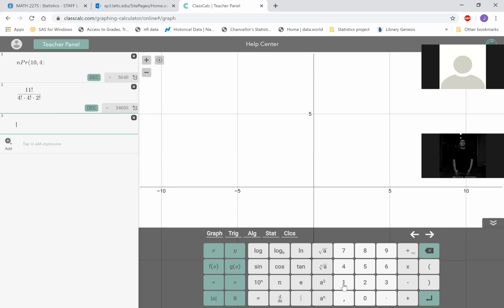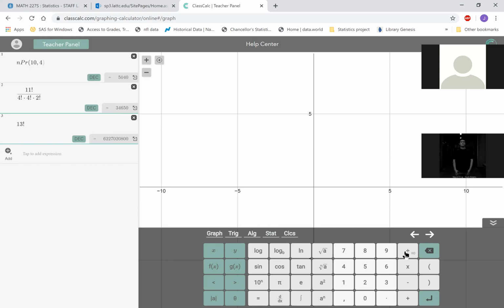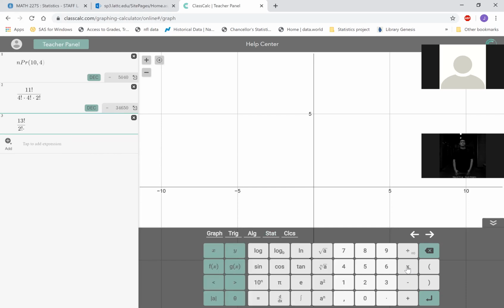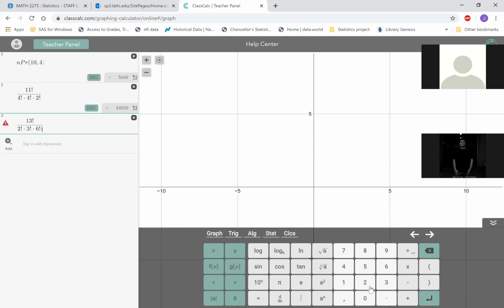Okay, so we want to put 13 factorial, and we divide by 2 factorial, and then multiply by 3 factorial, and then multiply by 6 factorial, and then multiply by 2 factorial.